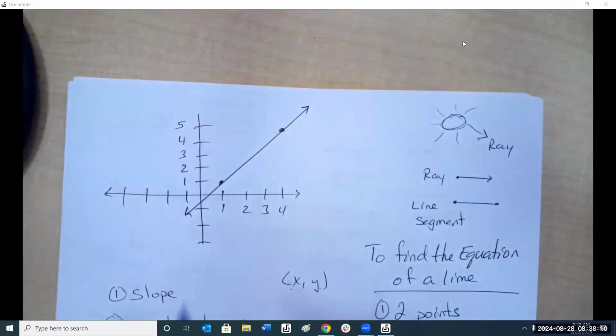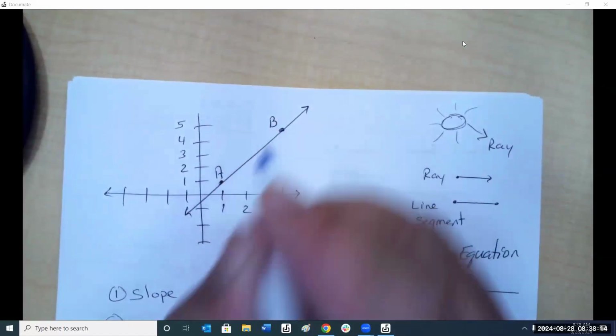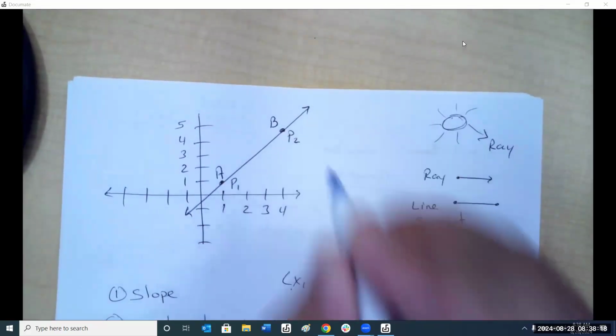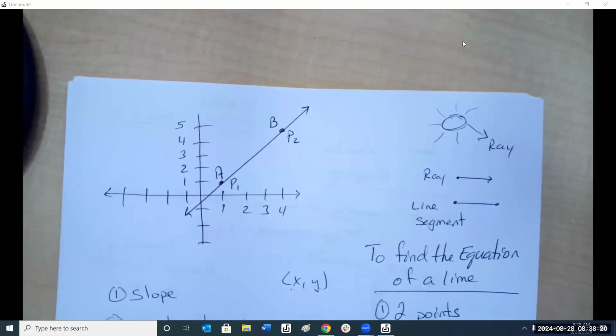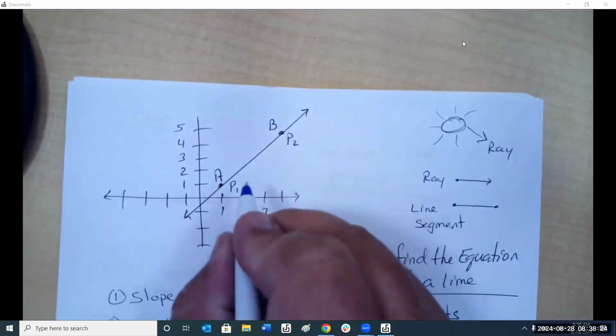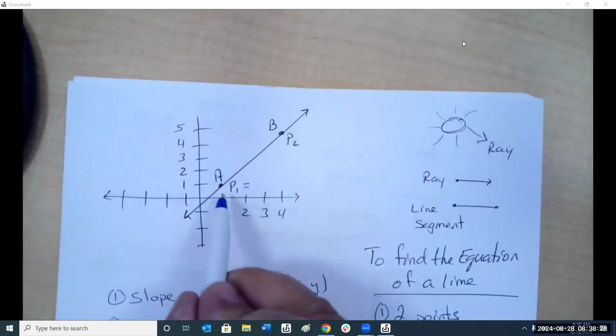Remember, since we have 2 points, we have point A and point B, or we call them point 1 and point 2. Let me go a little bit further on this when we label things. This is our first point.